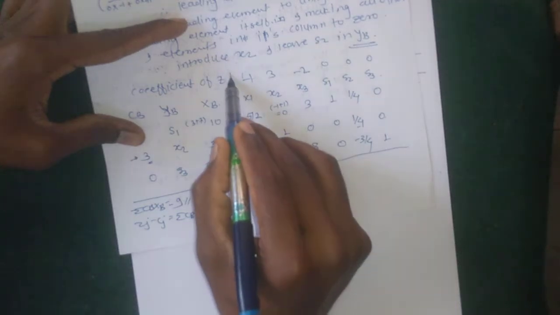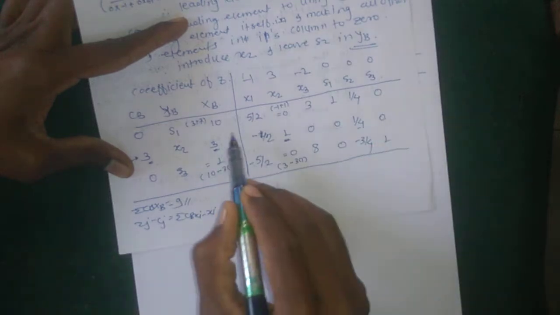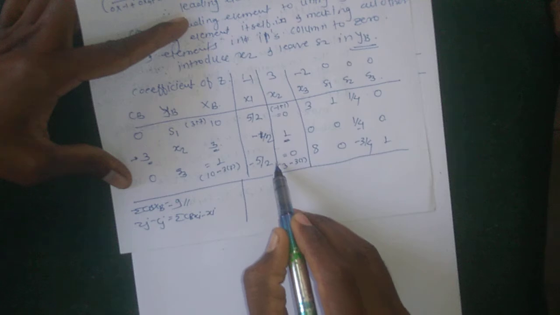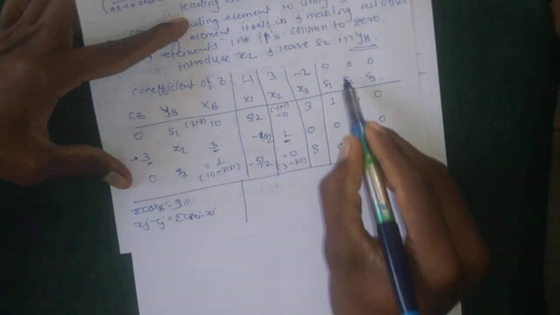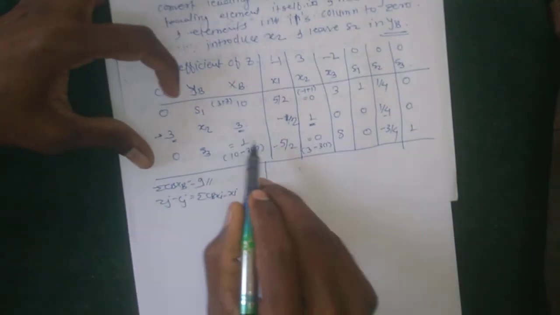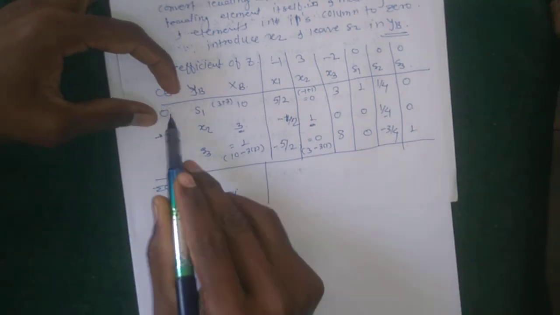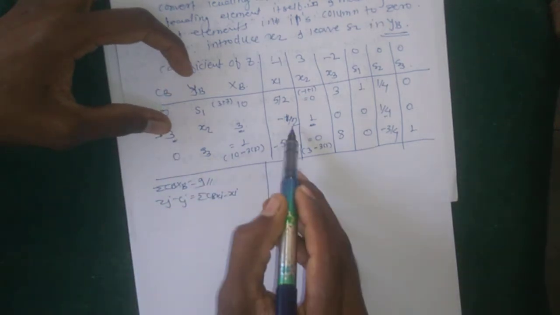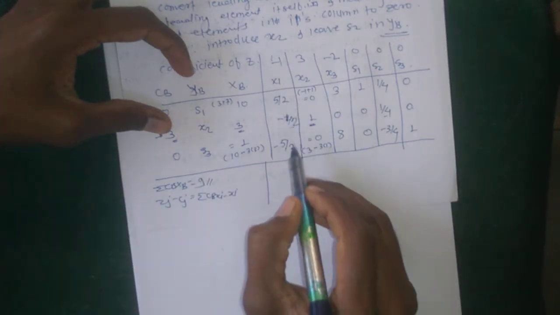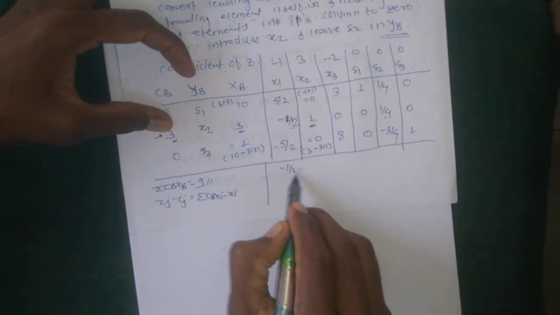For the x1 column, in the summation of CB times the column, only the second element matters; the first and third elements are 0, so we only multiply this. 3 minus 3 by 2 minus 1, minus 3 by 2 plus 1, we get minus 1 by 2.